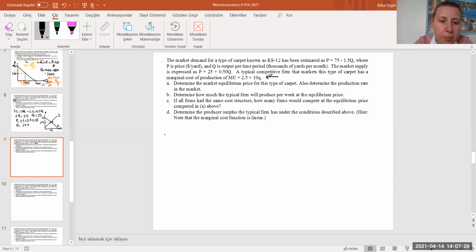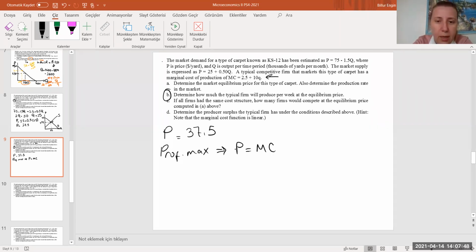So the price is equal to 37.5, the equilibrium price, and the profit maximization condition for a perfectly competitive market is price equal to marginal cost. In that case, we will equalize that price 37.5 to the typical firm's marginal cost function.